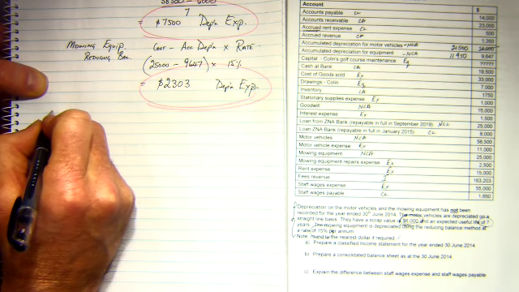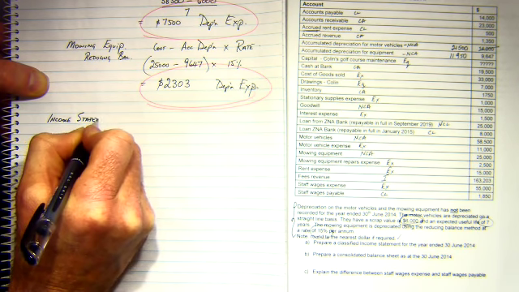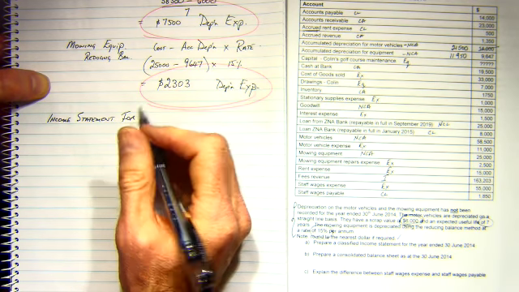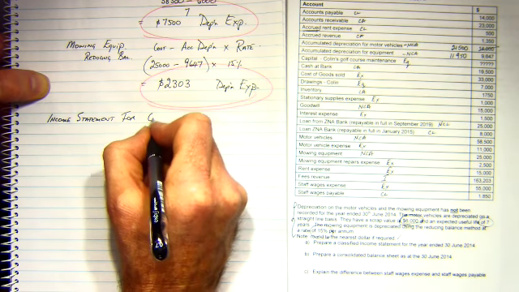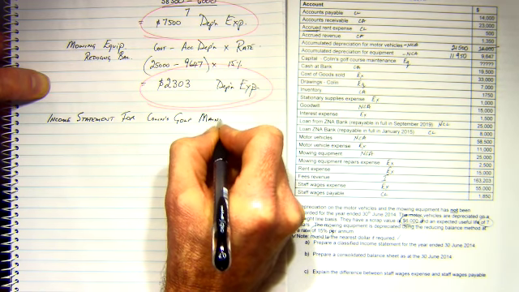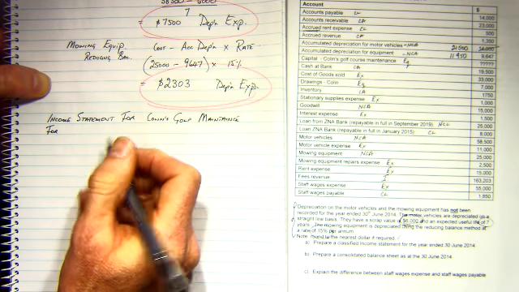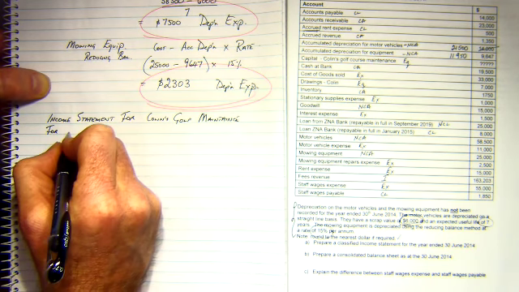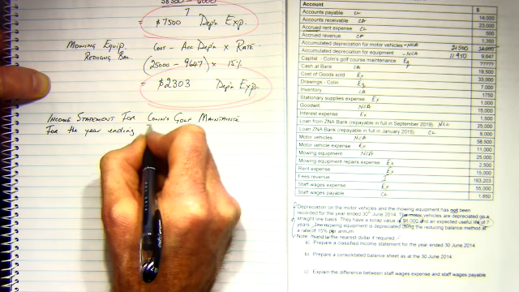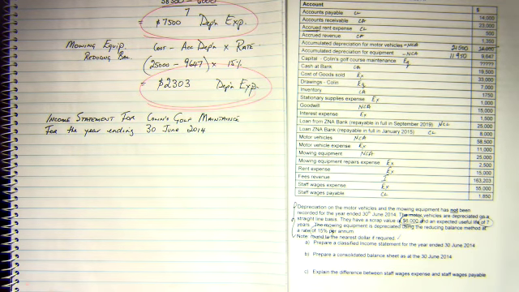So my income statement for Collins Golf Maintenance, for the year ending 30th of June 2014.